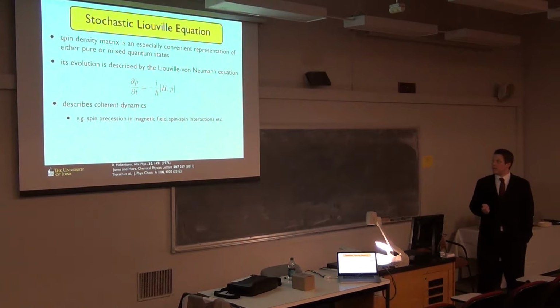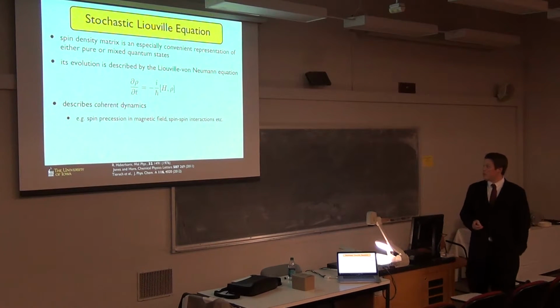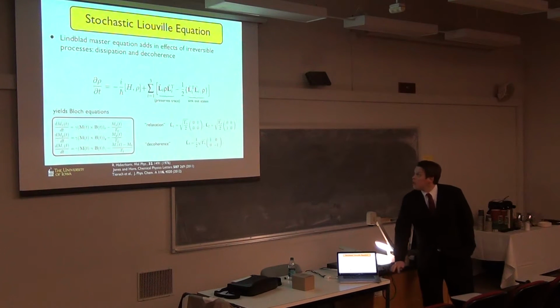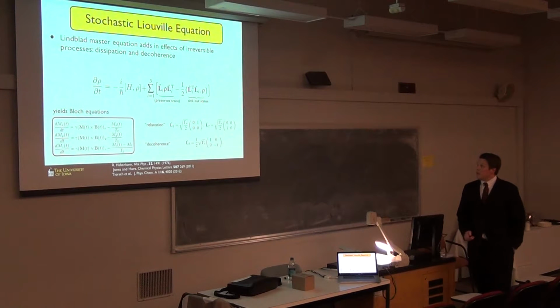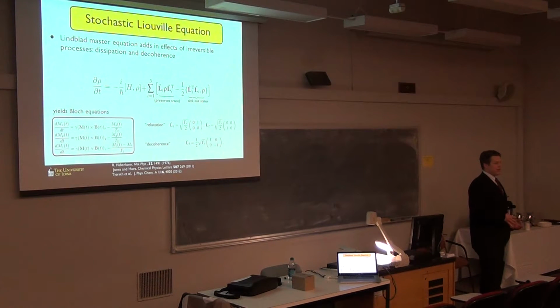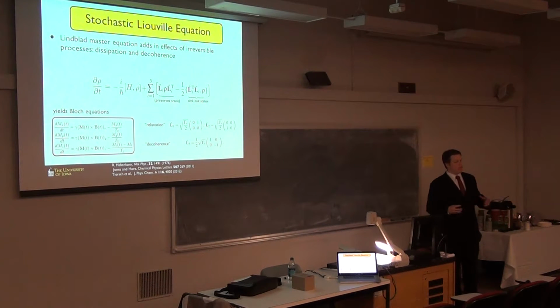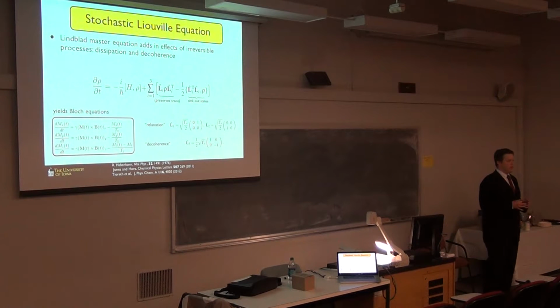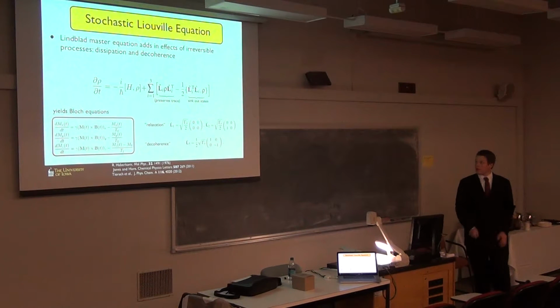So this is describing coherent dynamics, spin precession in magnetic fields, spin-spin interactions, and many more, of course. And of course, it's not just limited to spin. Now, we have these stochastic processes occurring, these different recombination rates. So we would like to somehow put that into this sort of Liouville type theory.